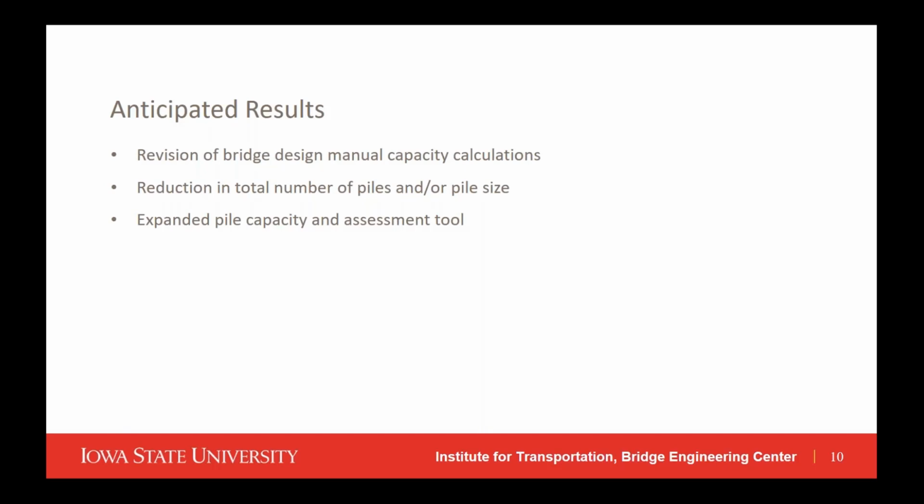We would anticipate that the tool would indicate a reduction in total number of piles and/or the pile size, where they can both realize cost savings in materials as well as time for construction of the substructure, and then finally the expanded pile capacity assessment tool that they'll have at their ready and use.